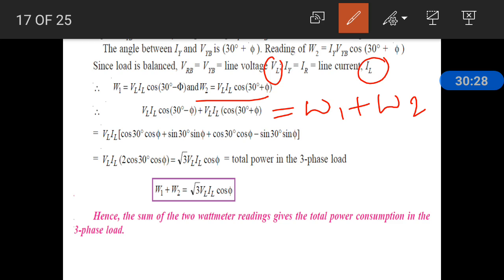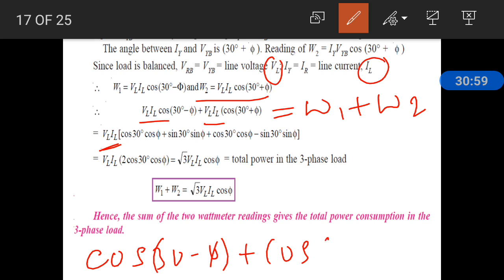While doing W1 plus W2, here VL IL and here also VL IL are common, so we take VL IL outside, and the remaining is cos 30 minus 5 plus cos 30 plus 5.